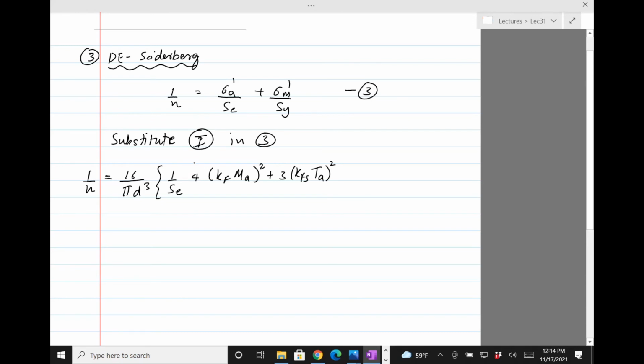Okay, so these parentheses have to be, we need to take the square root of that. And then we have plus 1 divided by Sy.